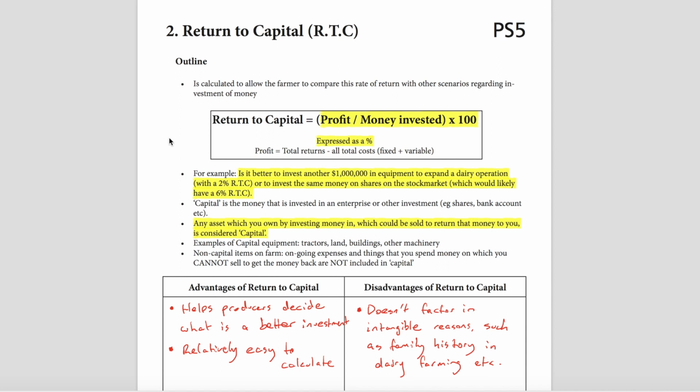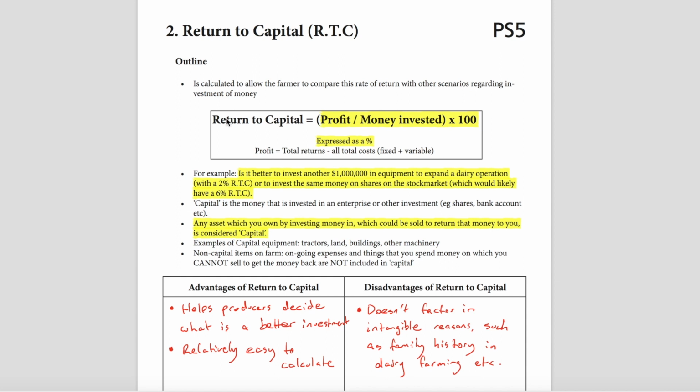So return to capital, this is where you work out your profit basically over the money invested, and you times it by 100 to give you a percentage. So for example, if you invested $100 in a bank account for a year and you're getting 3% interest, you'd get $3 back on your $100 each year. So at the end of the first year, you'd end up with $103.